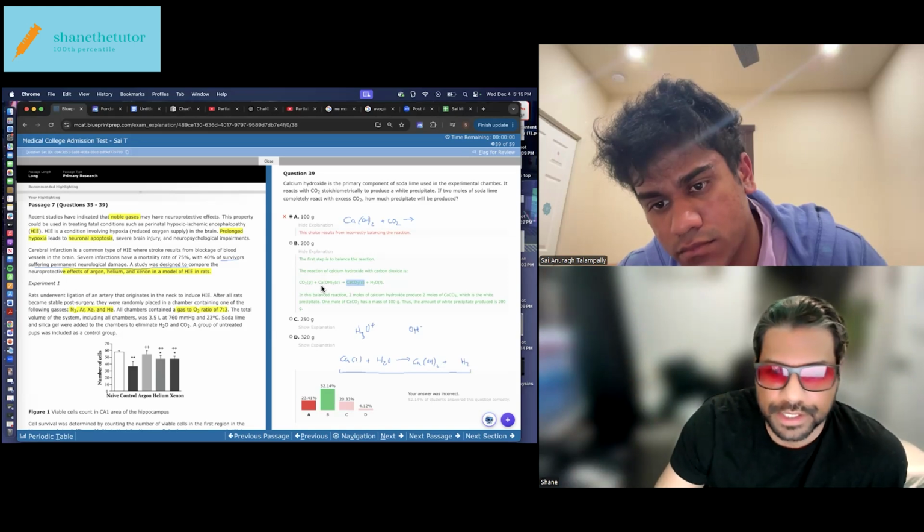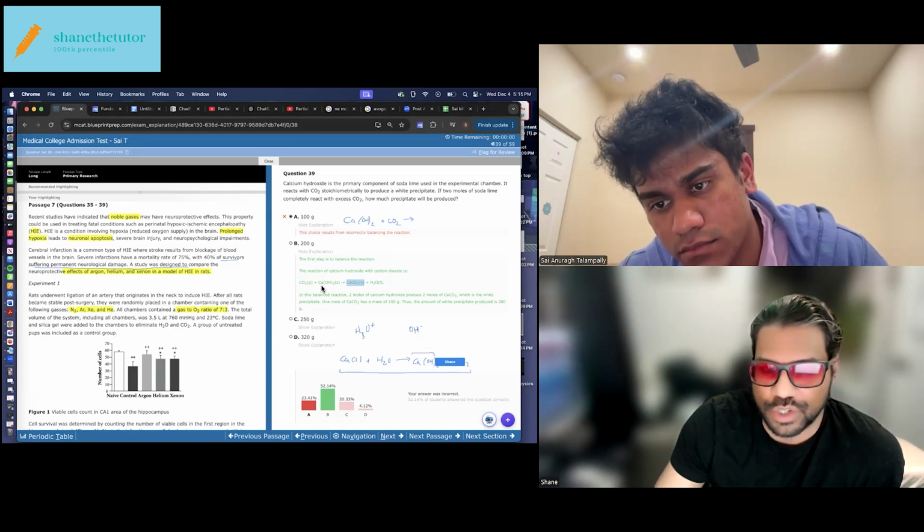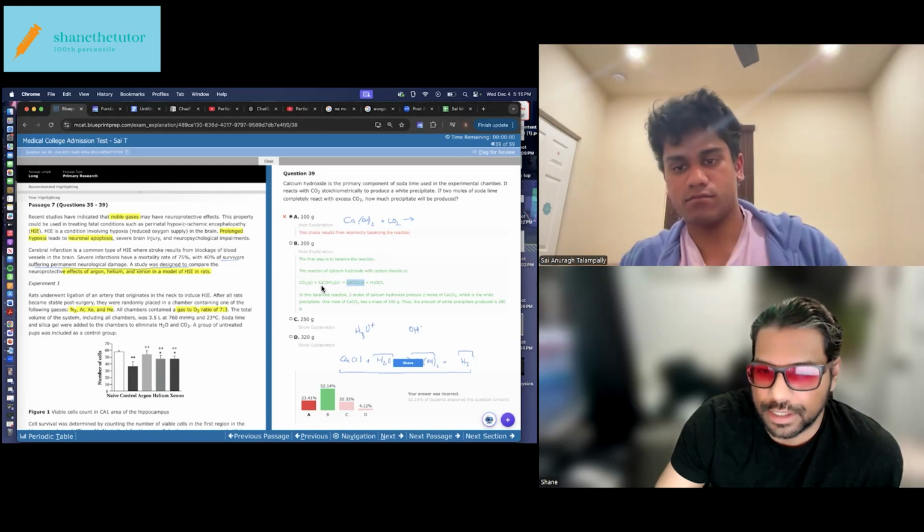So for us, since we are starting with the calcium hydroxide as a reactant, and we are not using hydrogen gas as a reactant, but instead we're using CO2 as a reactant, then we should still get H2O as a product.